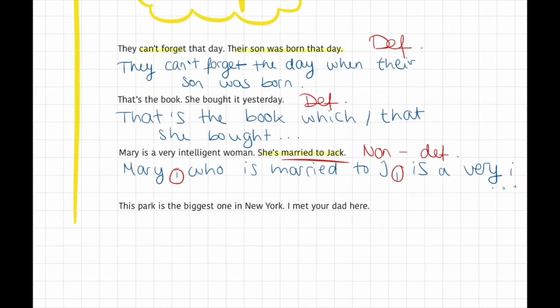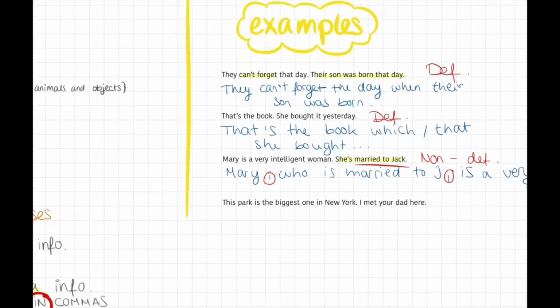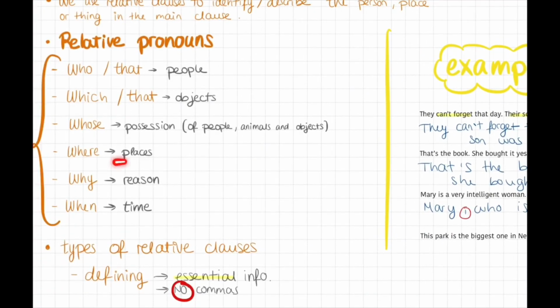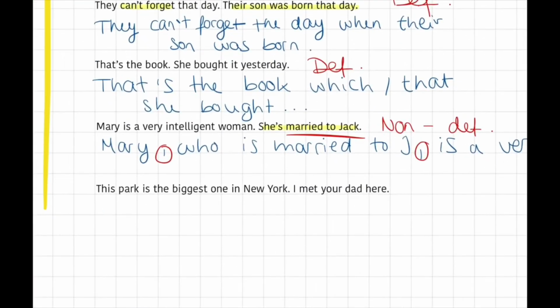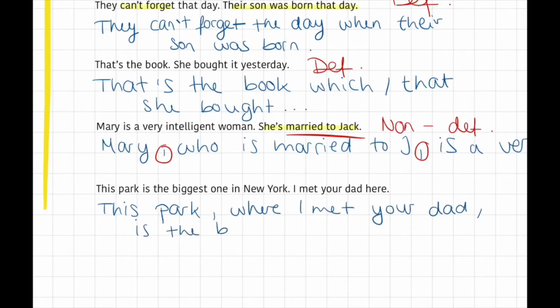Okay, and the next one is, this park is the biggest one in New York. I met your dad here. So we are talking about a park. So it's a place. We have to use where. Okay. The sentence would be, this park, where I met your dad, is the biggest park in New York.